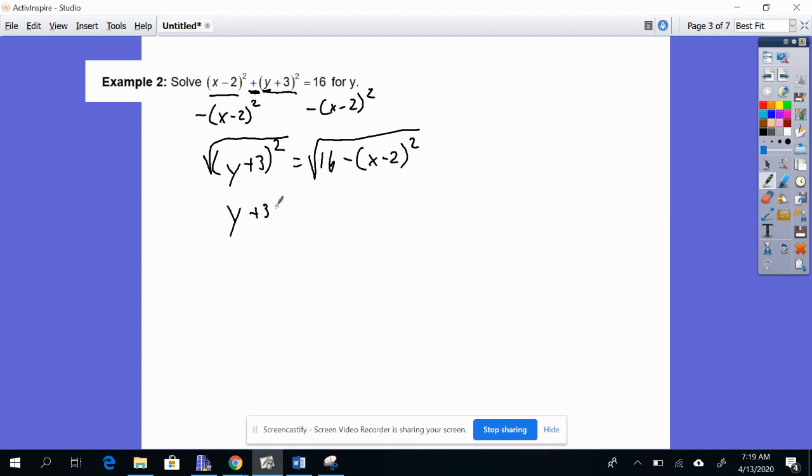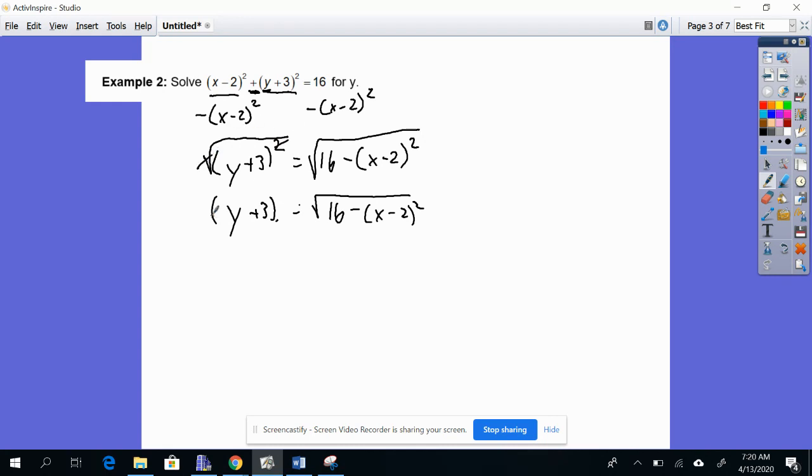The ones in MyMathLab should be a little bit easier than this. So if you're good on this and understand what's going on, you're going to be fine. Then I still have the 16 minus x minus 2 quantity. Sorry, that squared should not be there anymore. Those canceled out.